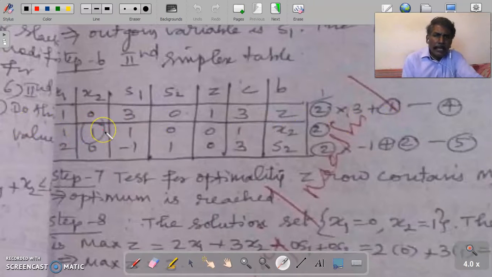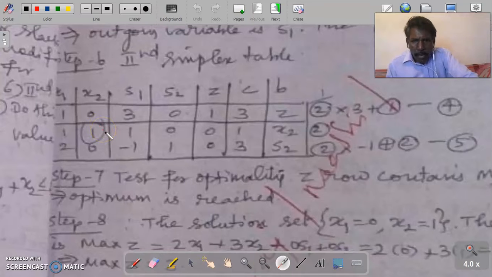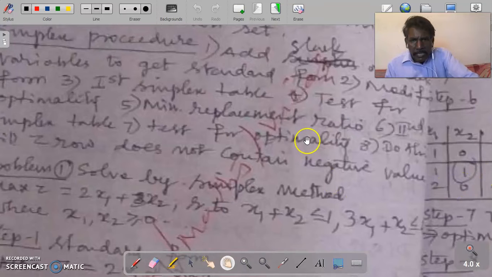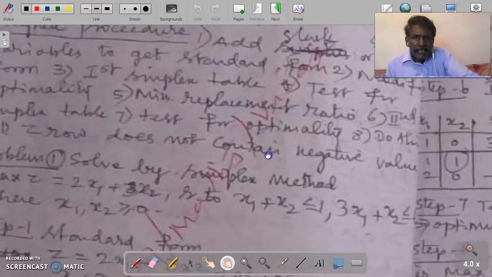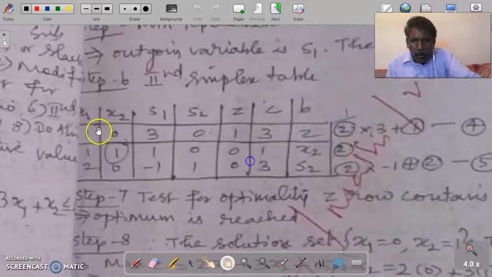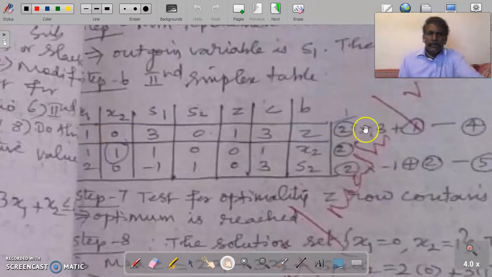After finding the pivot element, we have to make it 1. Then again we have to go for the test for optimality. From the first step onwards, we have to go again and again till all the entries in this row are positive.